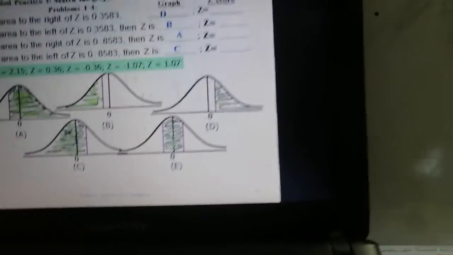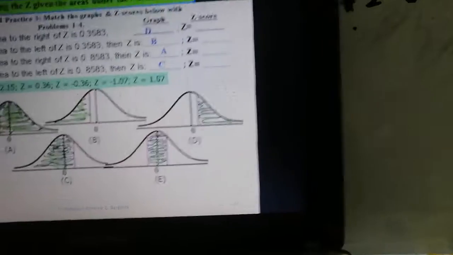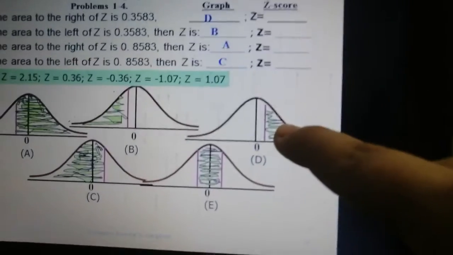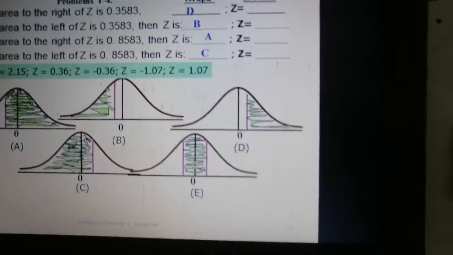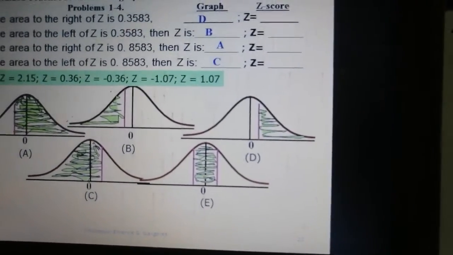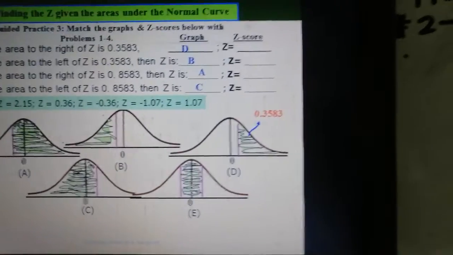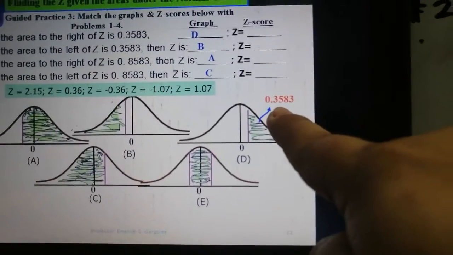We have to find this point, the pink one. Again, what's the given condition in the problem? The area to the right is 0.3583, right? Question, can we find this area on the table?